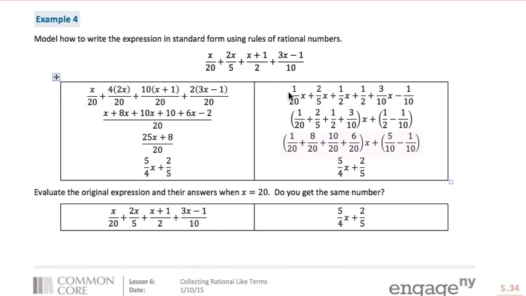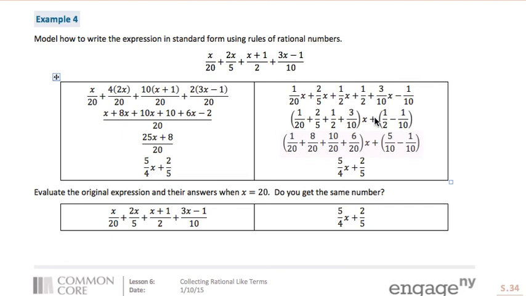The second way to do it would be to factor out the x and break all of the terms up. So x over 20 would be 1/20th times x. 2x over 5 would be 2/5 times x. x plus 1 over 2 would have to become 1/2 times x plus 1/2. And 3x minus 1 over 10 would have to become 3/10 x minus 1/10.